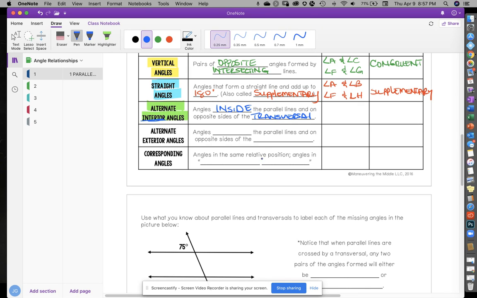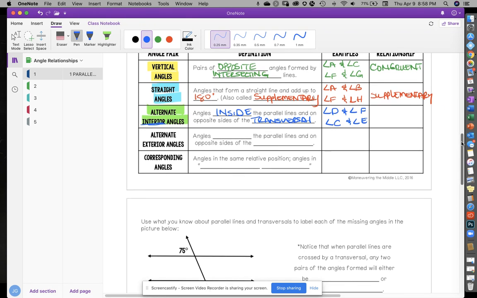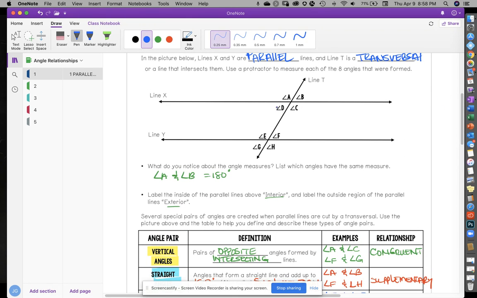All right. So for instance, you're looking at angle D and angle F, angle C and angle E. Let's look at that in the picture. I said angle D and angle E. These are going to be interior angles.